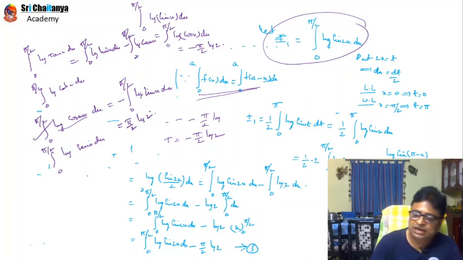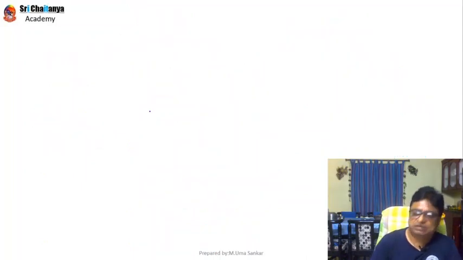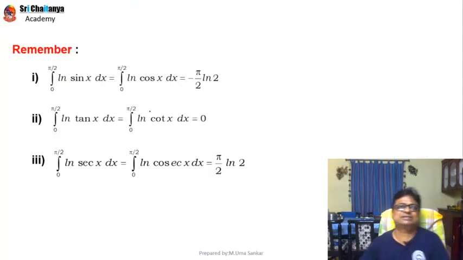So finally, you just practice these three results. What are they? Number 1, 0 to pi by 2 log sin x dx is equal to 0 to pi by 2 log cos x dx is equal to minus pi by 2 log 2. Second one is 0 to pi by 2 log tan x dx is equal to 0 to pi by 2 log cot x dx is equal to 0.